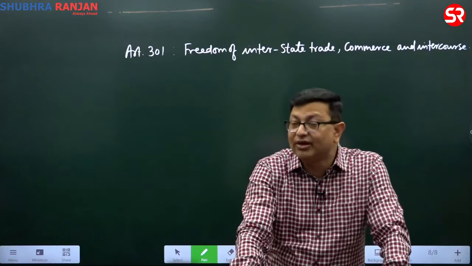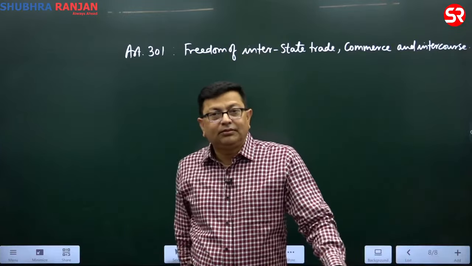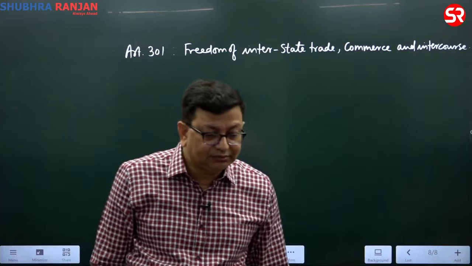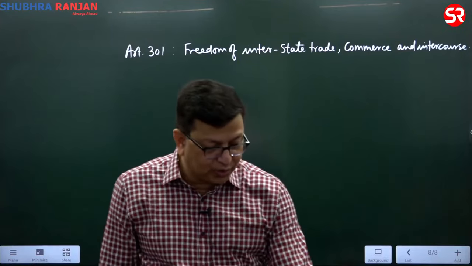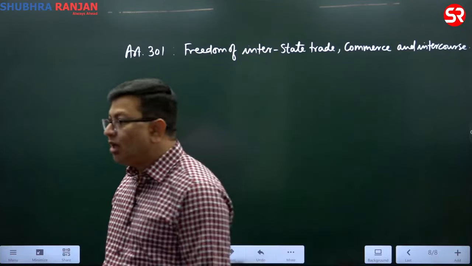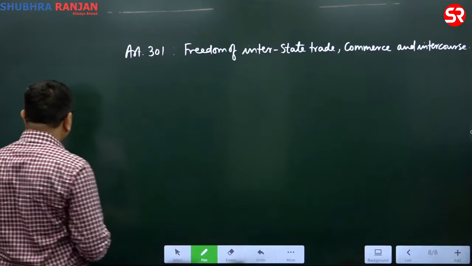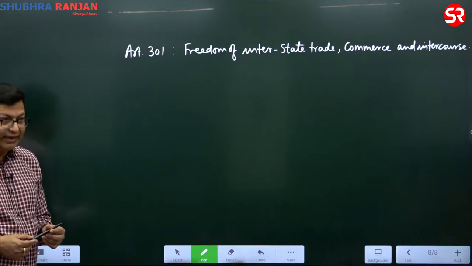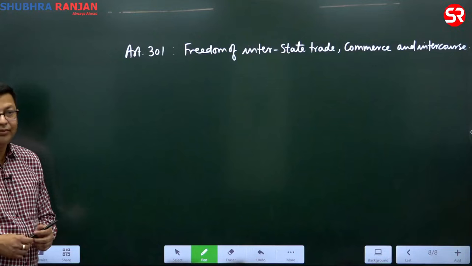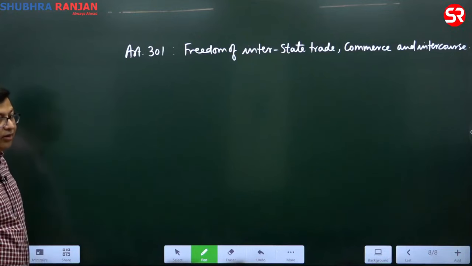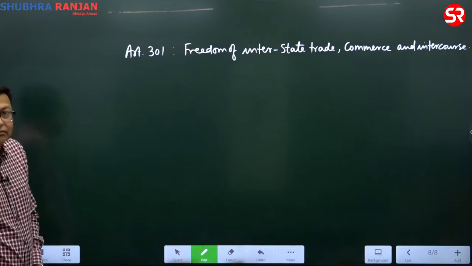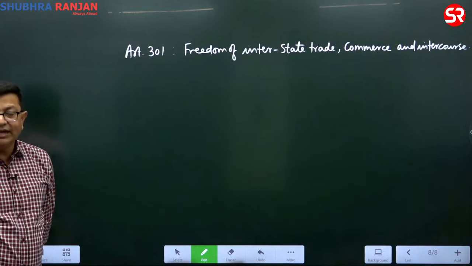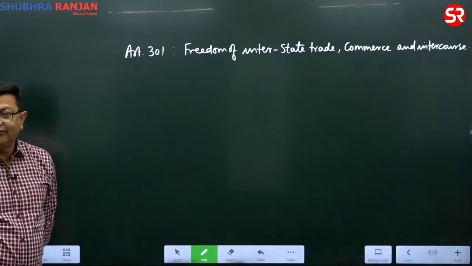So in the next paragraph you can write, some of the provisions of the Indian Constitution are our own. That is, we have not taken them from any other country.